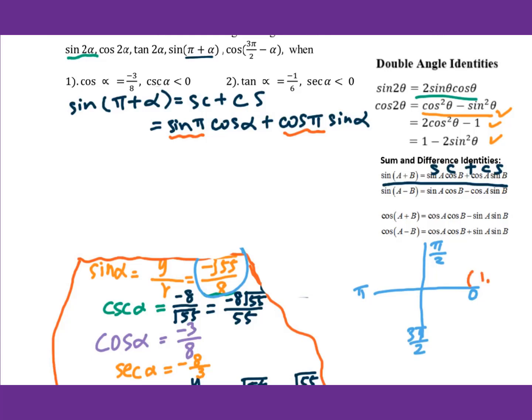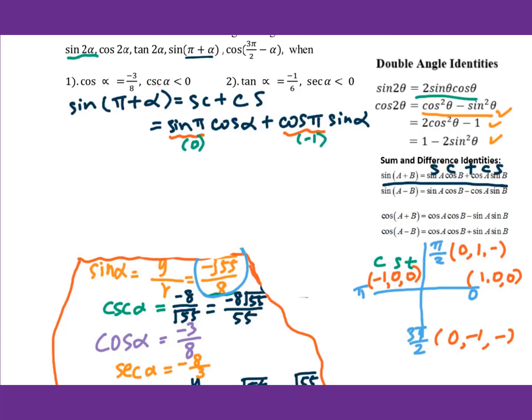This will be 1, 0, 0, negative 1, 0, 0, 0, 1, undefined, 0, negative 1, undefined. For each it is CST, which means sine pi is 0. Cosine pi means negative 1.